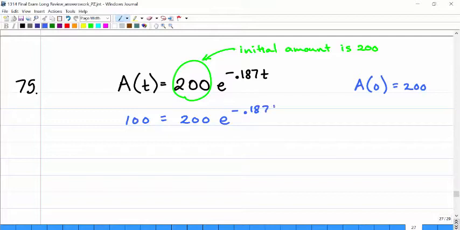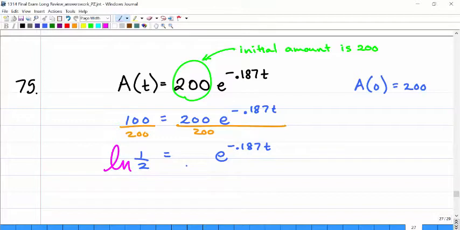So I'm trying to solve 100 equals 200 e to the negative 0.187 t. I need to isolate the exponential. How do I do that? First I have to divide both sides by 200. 100 divided by 200 is 1/2 is equal to e to the negative 0.187 t. Now I need to take the log of both sides. I'm going to use log base e, in other words the natural log.